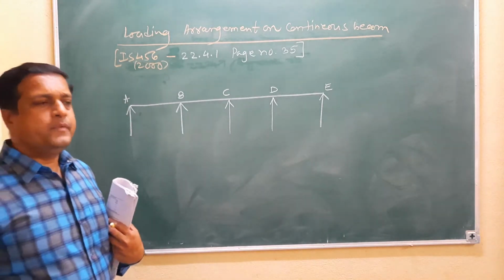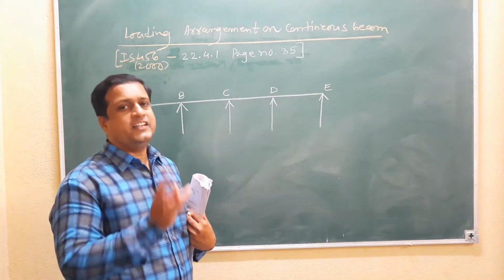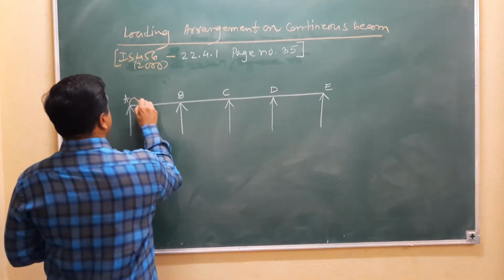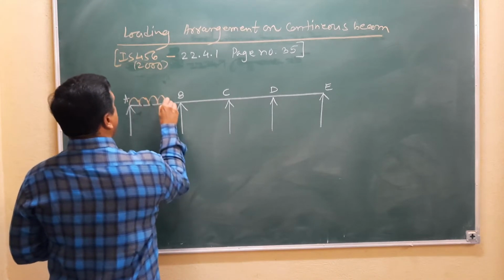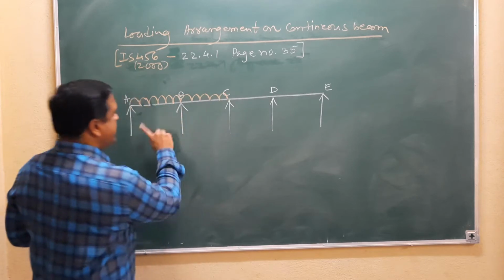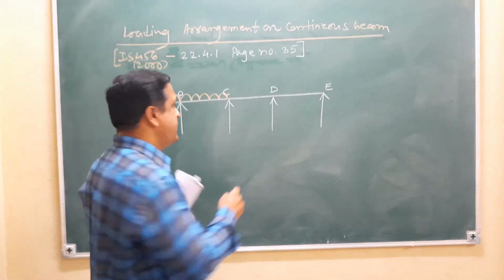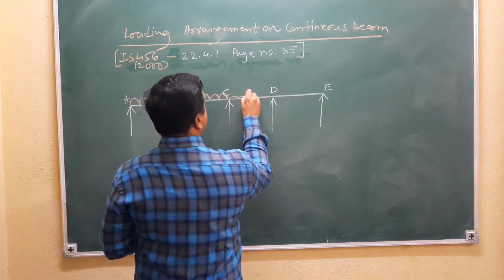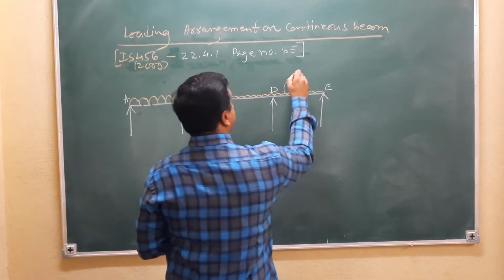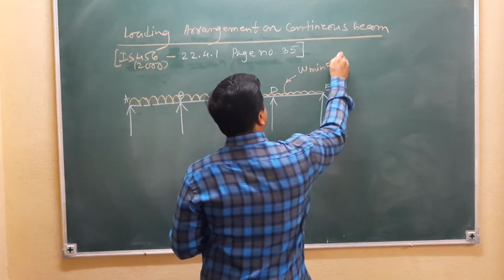So when you apply the maximum design load on adjacent spans, and all other spans having minimum load, this is W minimum.